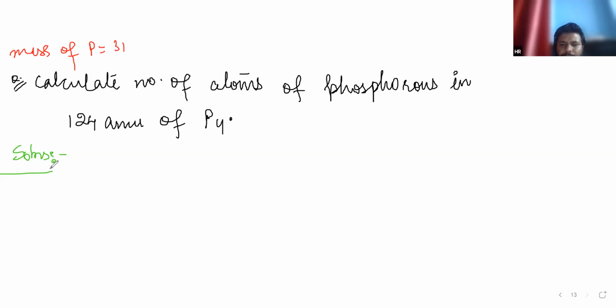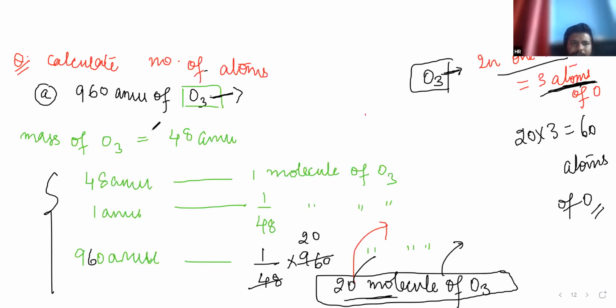If you are not able to solve this, please let me know if you have any doubt. See, the mass of one phosphorus is 31 AMU. Like how this 48 comes, the mass of one oxygen is 16 AMU, and here 3 oxygens are present.